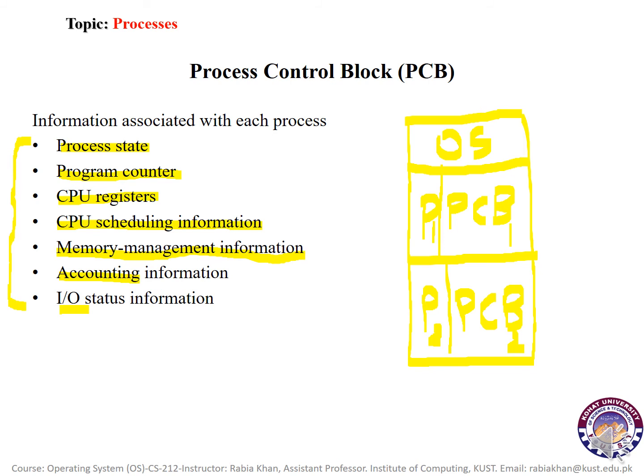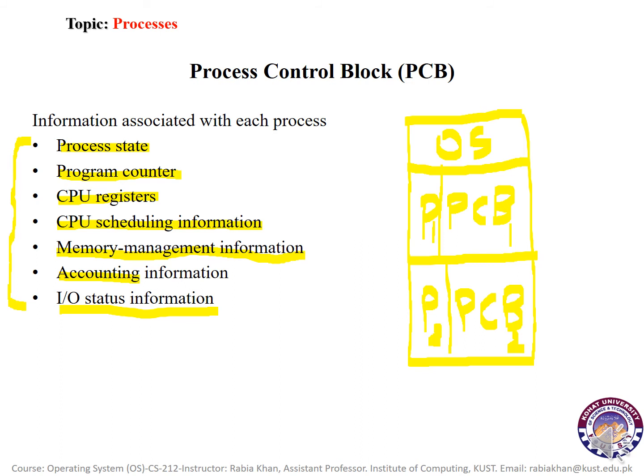And then the IO information, how many times it would require to receive input from the user and how many times it would require to display the output to the user. So IO status information, anything related to IO will be stored in PCB.